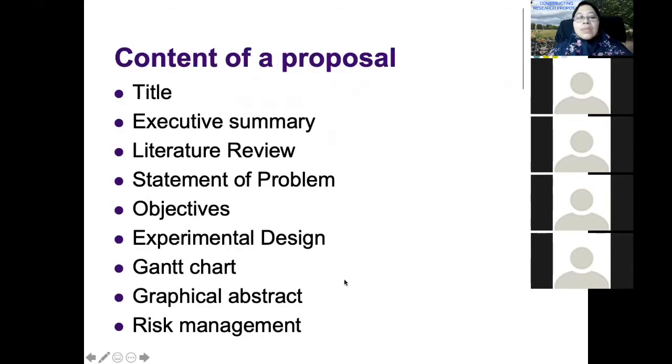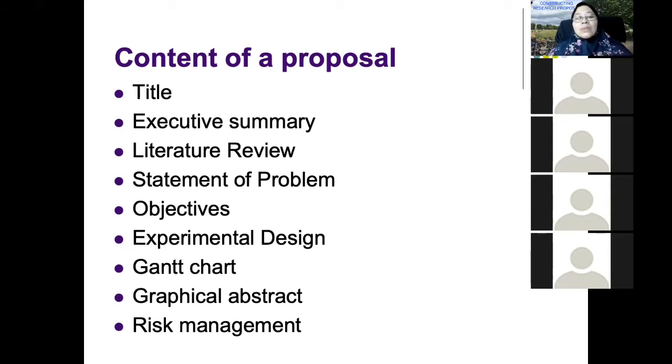So these are the common formats for a research proposal. But as I said at the beginning of the lecture, it does not have to be this way for other purposes. But for the purpose of your master's dissertation that some of you have enrolled in, please use this.